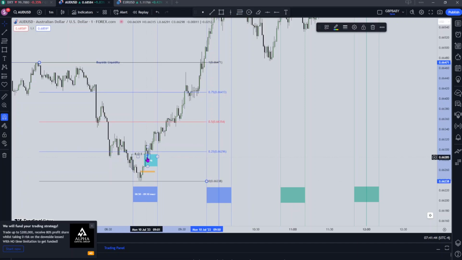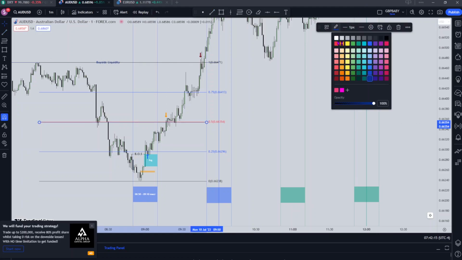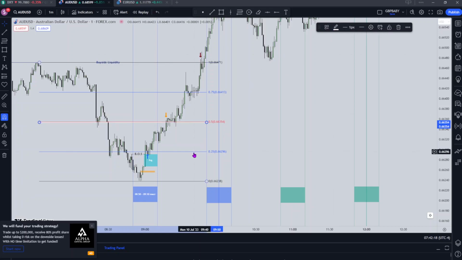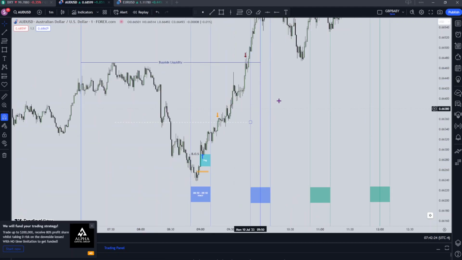So I'd probably hold up to here, let off half my position there, and then let off my full position once we trade above this high here. In the range. Okay, so cool.